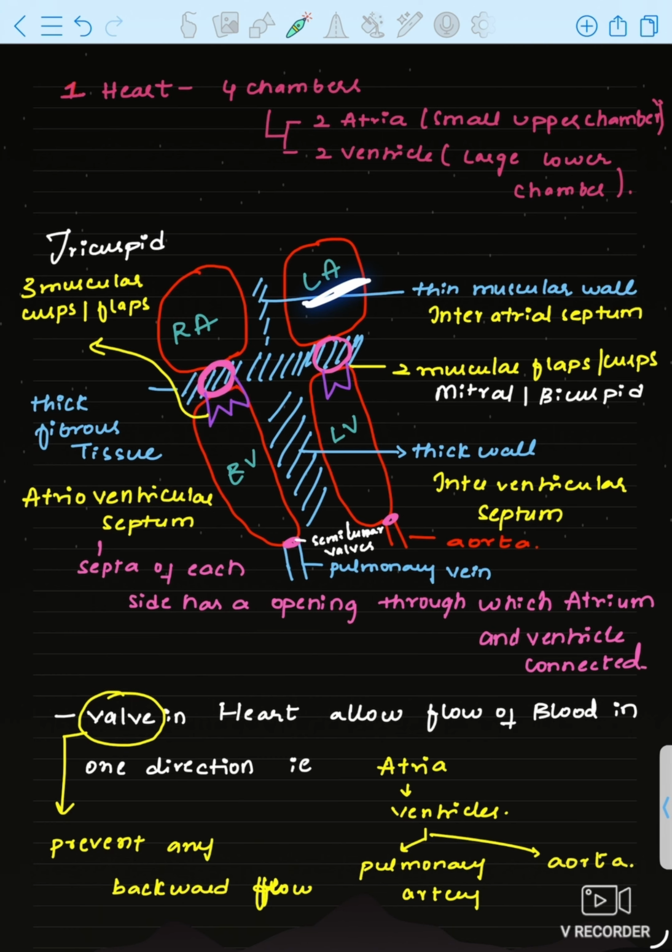In the left atrium and left ventricle, the same opening will be there, and it is guarded by 2 cusps or flaps. That is why 2 muscular flaps or cusps, that is the mitral valve or bicuspid valve. Tricuspid has 3 cusps, bicuspid or mitral has 2 cusps.